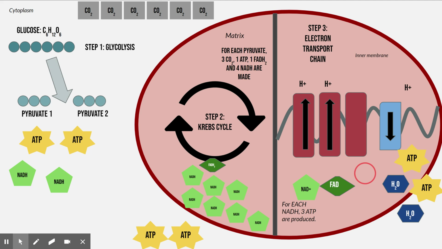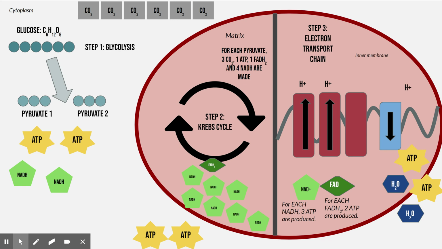So as hydrogens move through ATP synthase, ATP is produced and water is produced. For each FADH2, 2 ATP would be made. So from the Krebs cycle, we gained 2 FADH2s. Each would make 2 ATP.